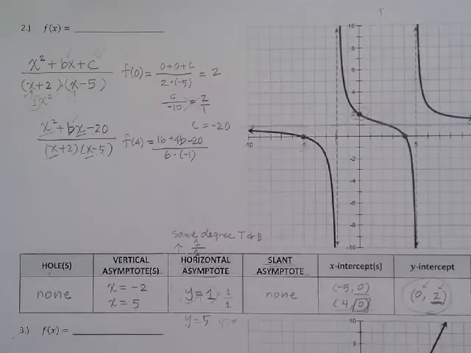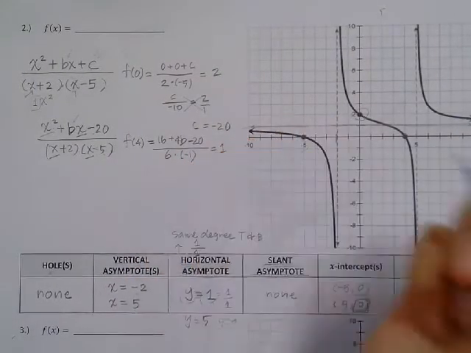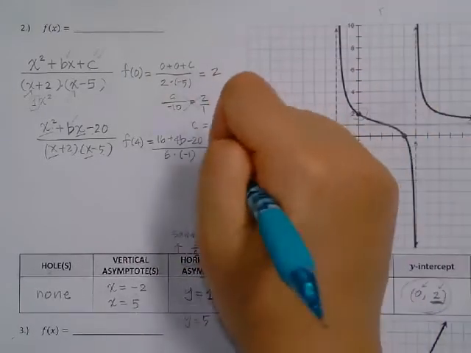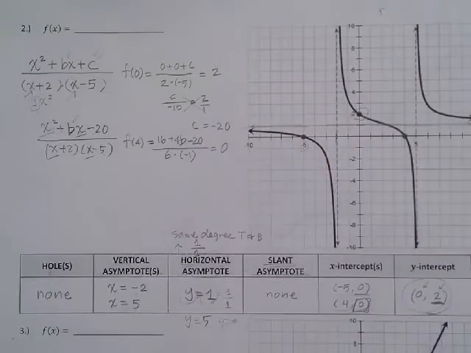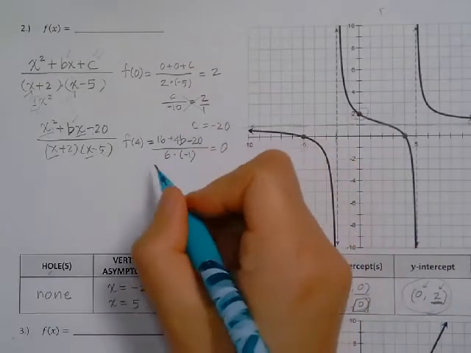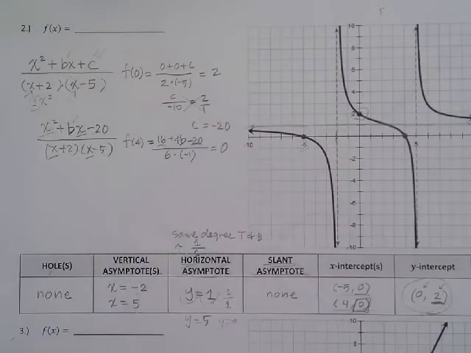0. So now I make it equal to 0. Okay. Then this is 16, take away 20. It's negative 4.